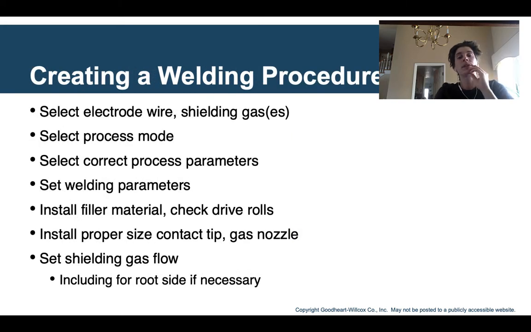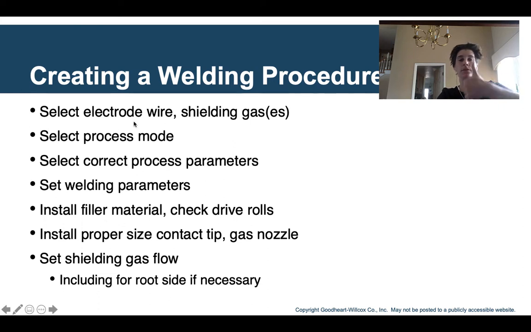So, welding procedure, I mentioned this a little bit before. If you're welding in a shop or a place that has to follow certain codes, you're going to have different welding procedures that you have to follow in order for your welds to be okay. The welding procedure is going to designate a lot of different parameters.